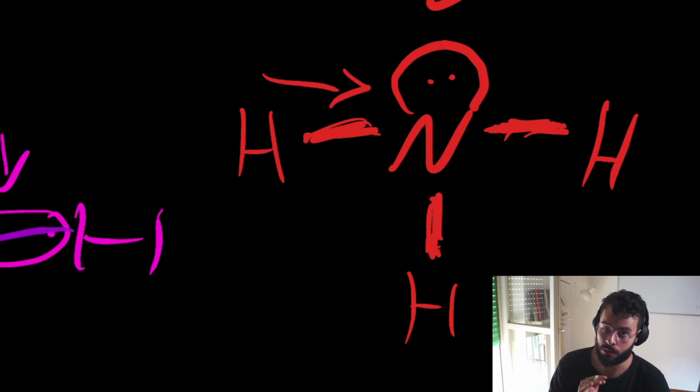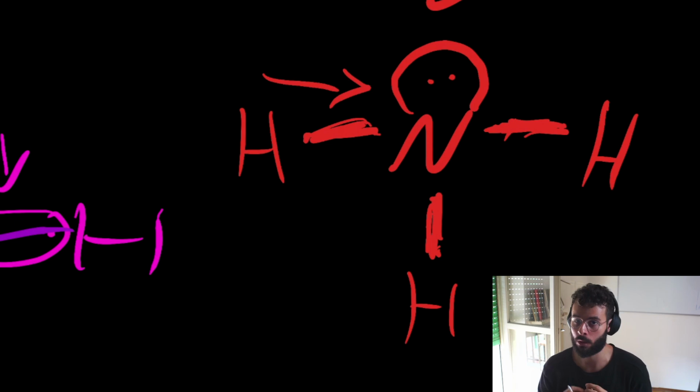And remember this lone pair of electrons, because having a lone pair of electrons is going to affect the molecule by a lot, because this lone pair of electrons has a charge and it is going to change the 3D structure of the molecule, which we are going to see in the next video.